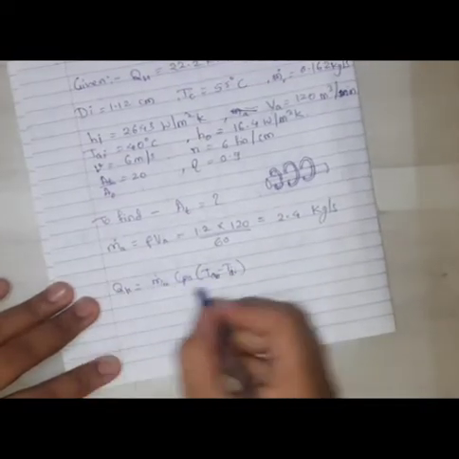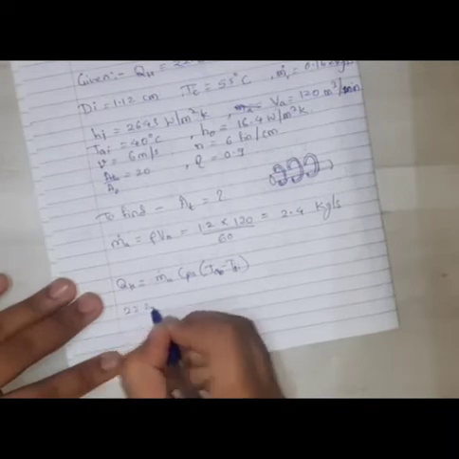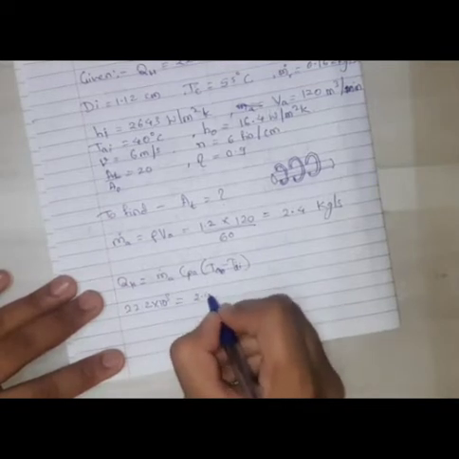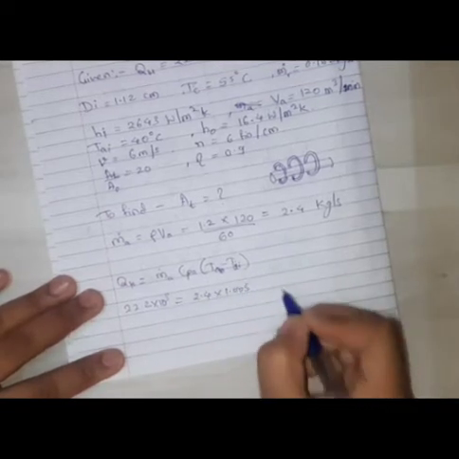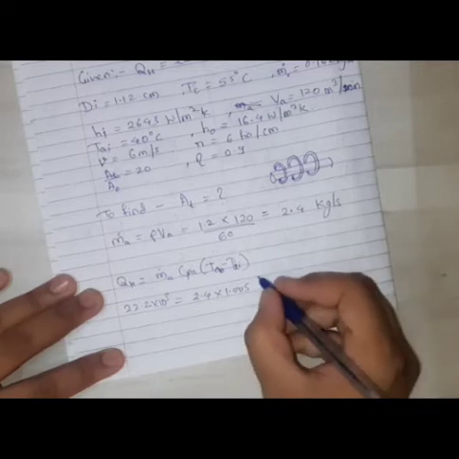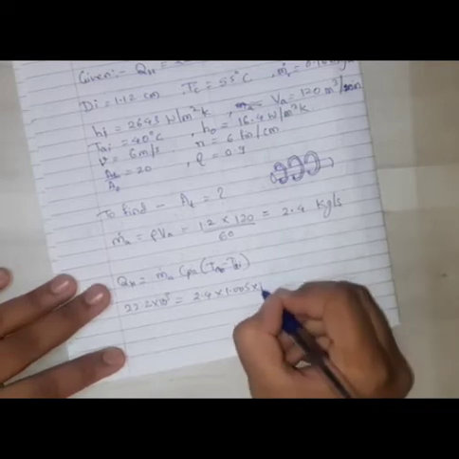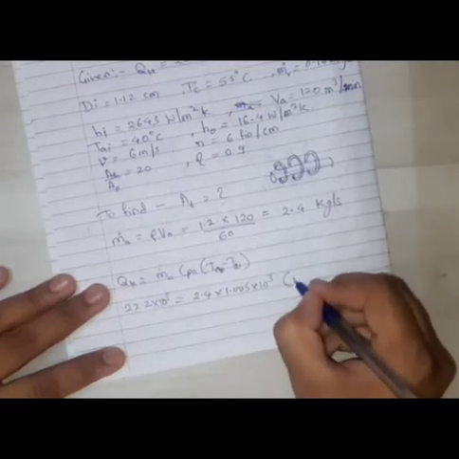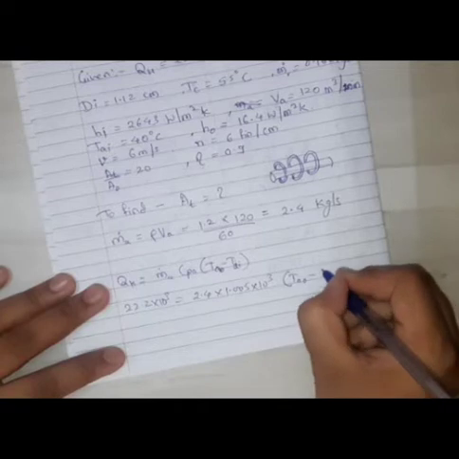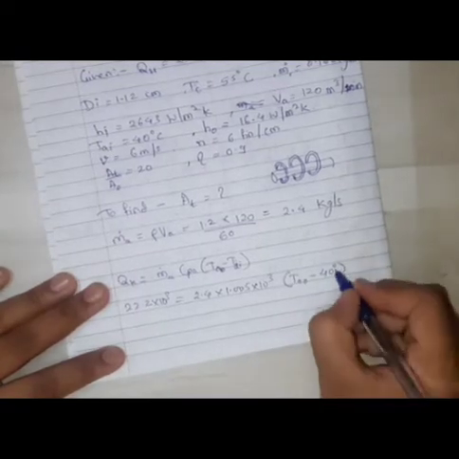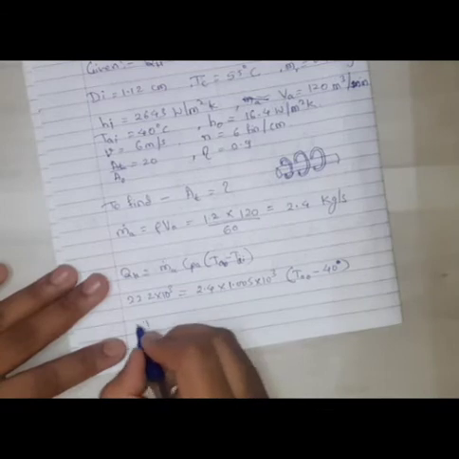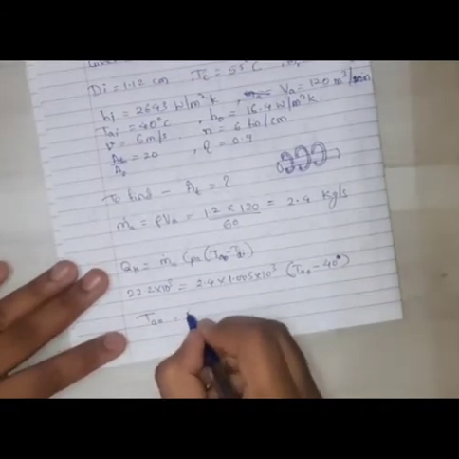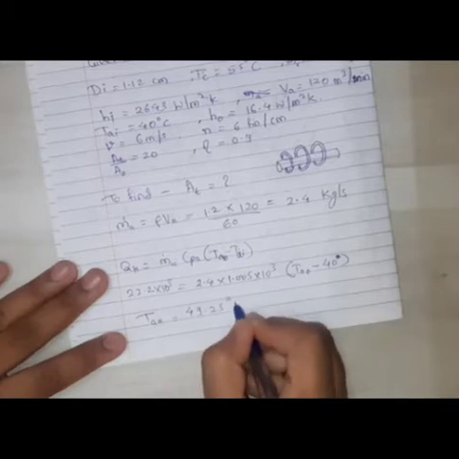So let's put all the values over here. 22.2 kilowatt, 10 raised to 3, equals 2.4 into 1.005 into 10 raised to 3 again, because it is in kilojoule per kg Kelvin, and TAO minus 40 degrees Celsius. If we put all the values, we will get the outlet temperature of the air as 49.25 degrees Celsius.